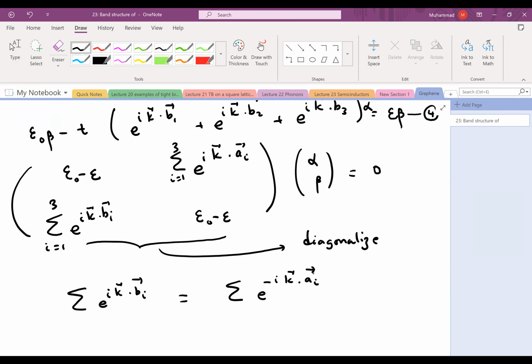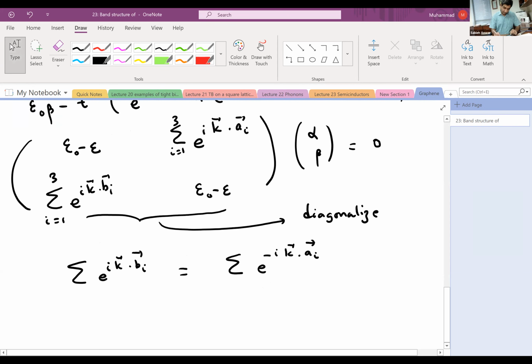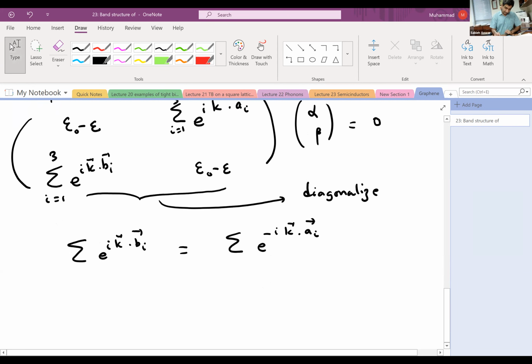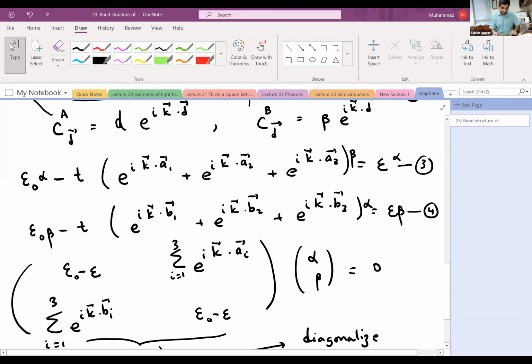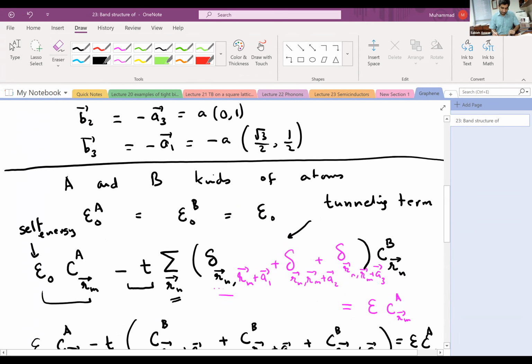Right. So now what we're going to do is we are going to put this slightly different version in here, and remember that we know what k is. k is some (kx, ky), and we have all the a's and the b's in front of us.